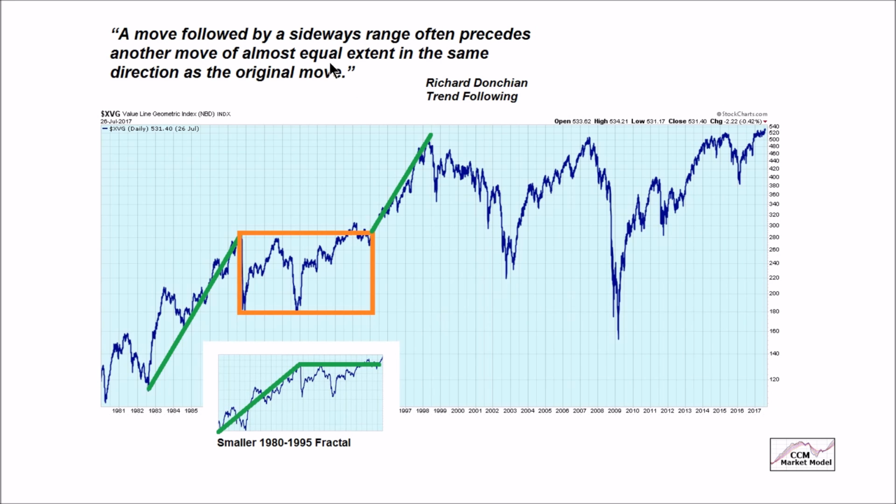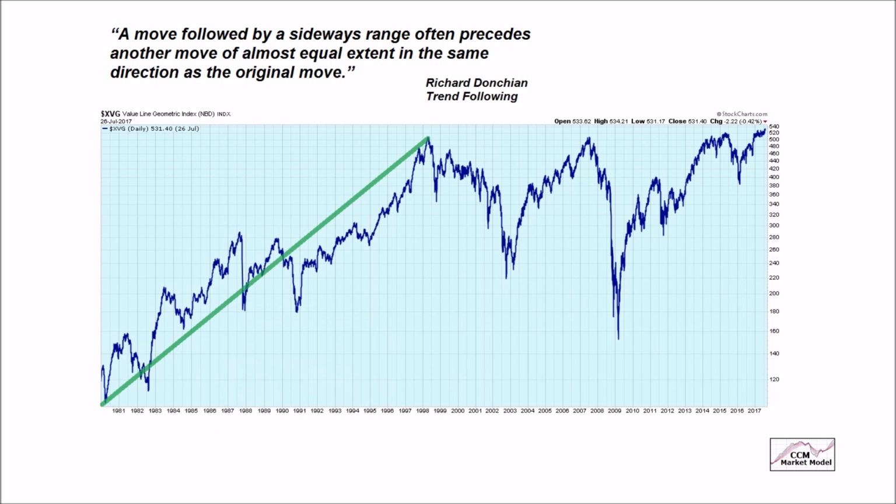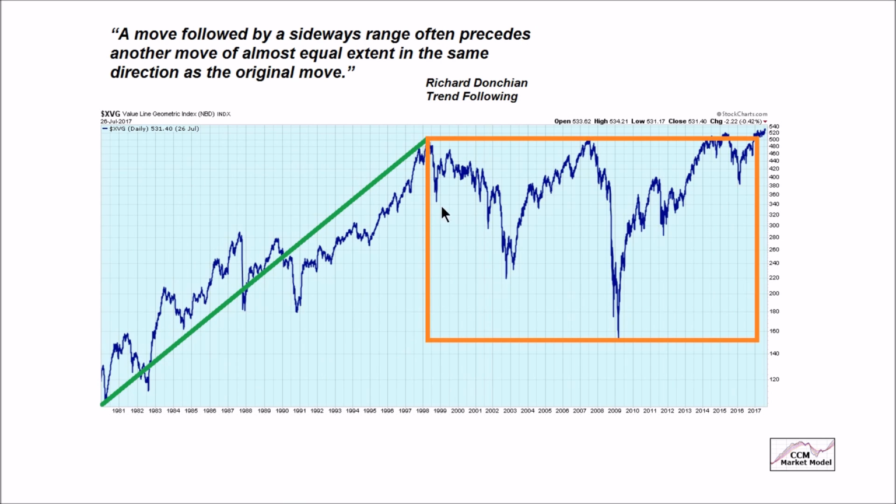This quote and these moves here are tied to our smaller market fractal. The same concepts apply to our larger market fractal. A move followed by a sideways range often precedes another move of almost equal extent in the same direction as the original move.